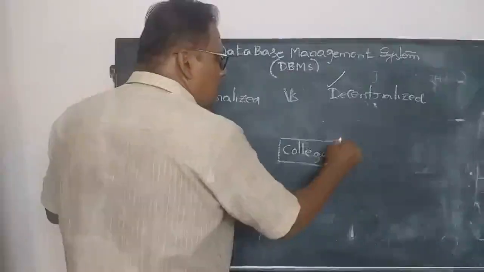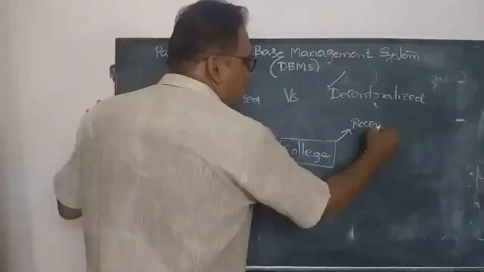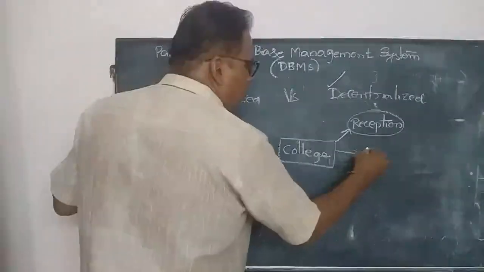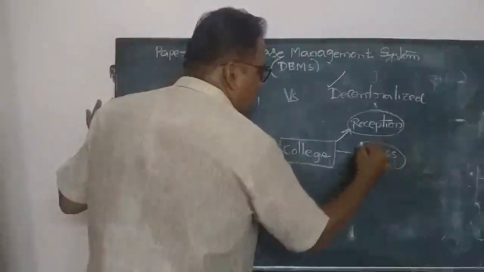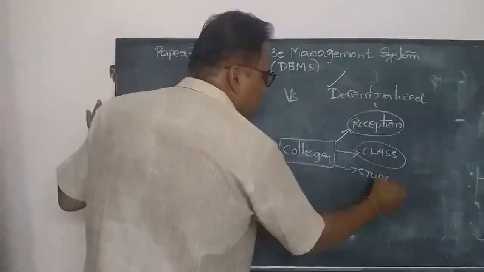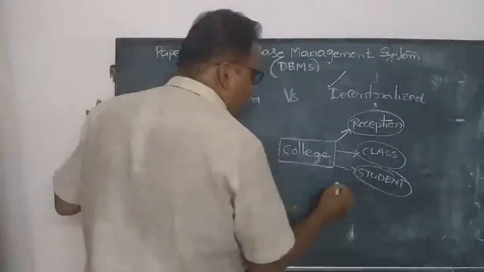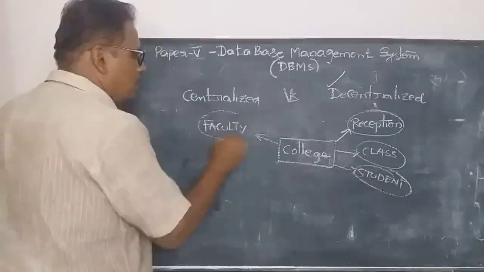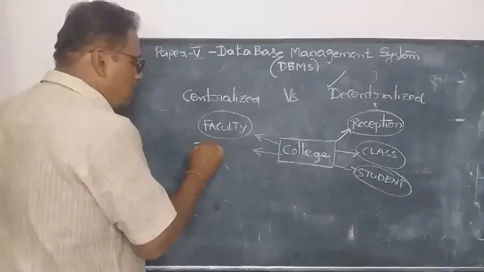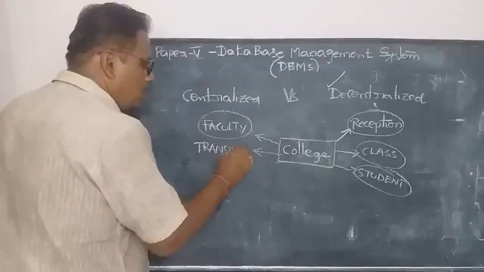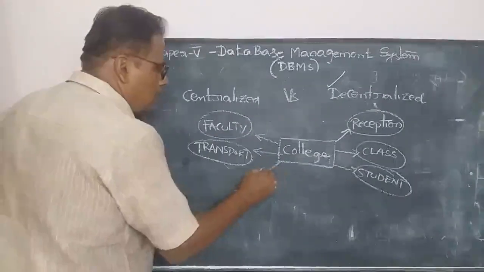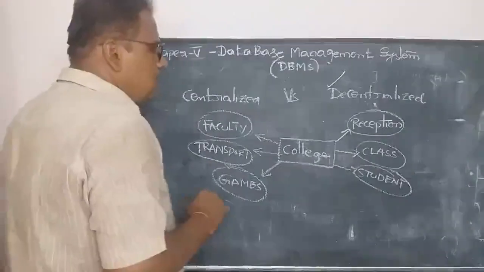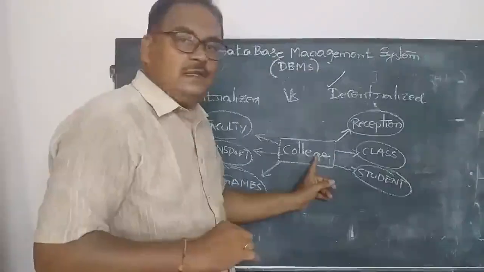College has reception, class, student, faculty, transport, games. These are various entities of a college.